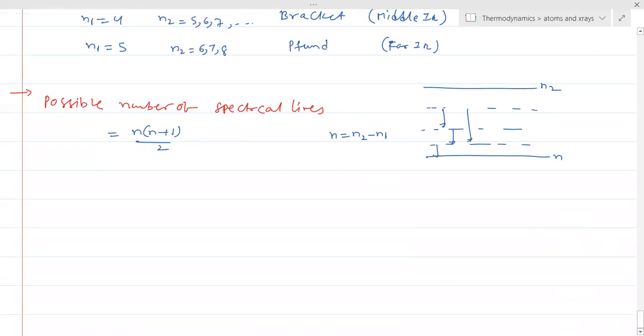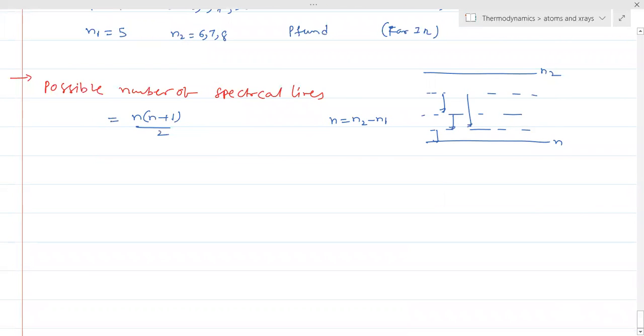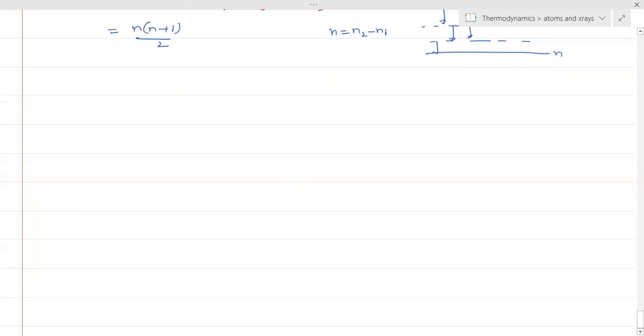But in this topic, the most important and also most confusing part is recoil speed and recoil momentum.